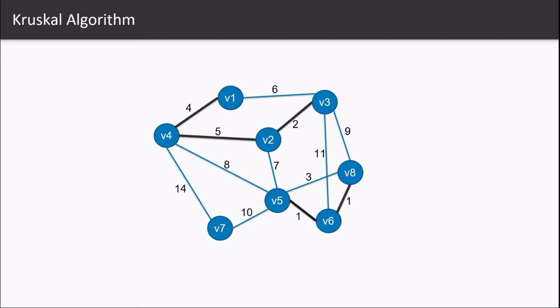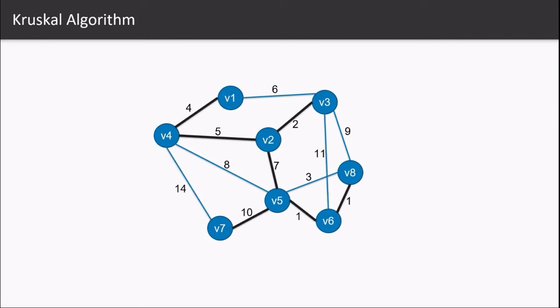Next is 5, then the next one is 6, but we won't select that because again it's making a cycle. Next is 7, then we have 8 and 9 both making cycles, we will skip those. Then we will select 10, then 14 and 11 again are making cycles, so we will skip those.